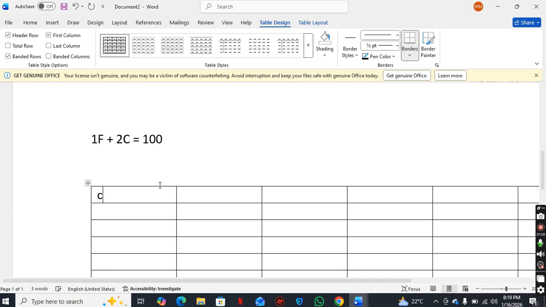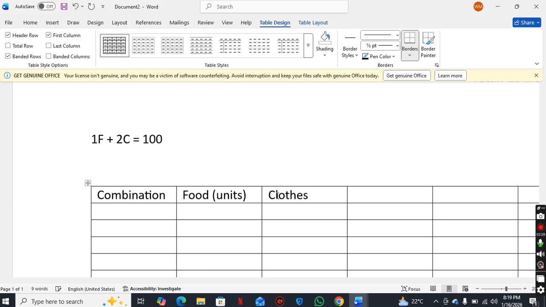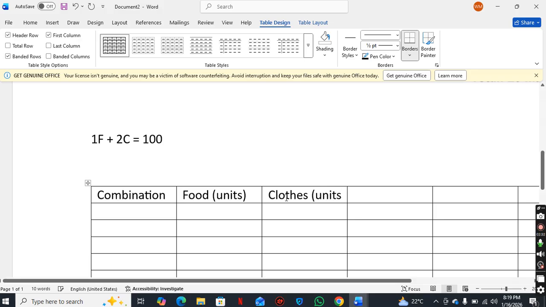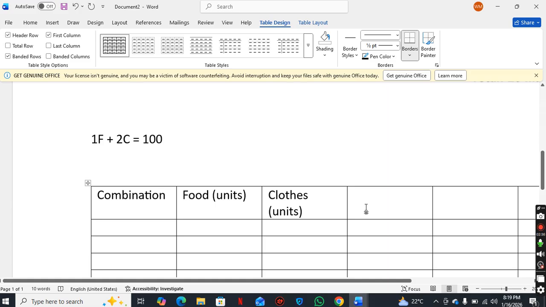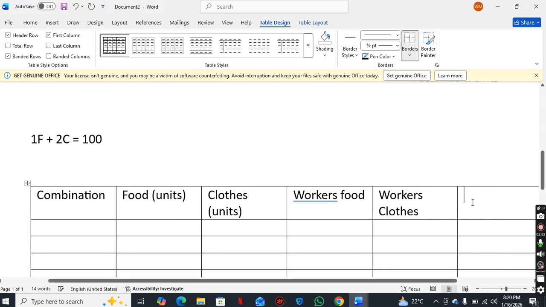Here we're going to say combination, food in units, clothes in units, workers for food, workers for clothes, total workers.